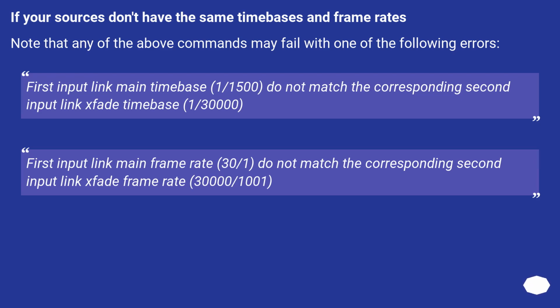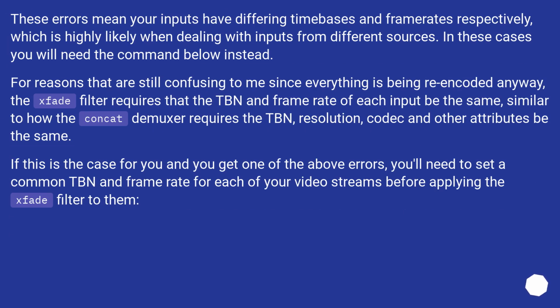First input link main frame rate 31 does not match the corresponding second input link's fade frame rate 30000/1001. These errors mean your inputs have differing time bases and frame rates respectively, which is highly likely when dealing with inputs from different sources. In these cases you will need the command below instead.